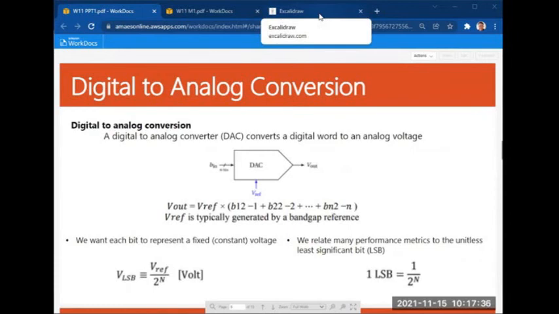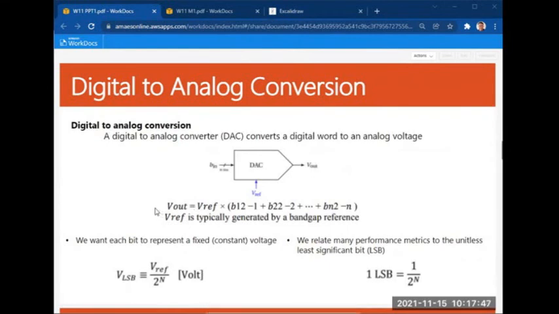The function of the DAC is to convert the digital signal to analog. Here the voltage out is equal to the reference voltage times this term, which we will discuss more later. This refers to the bits of the data. The reference voltage, or VREF, is typically generated by a bandgap reference.